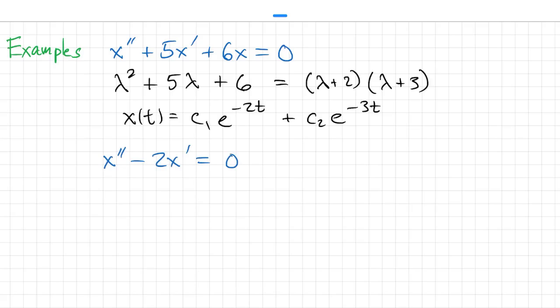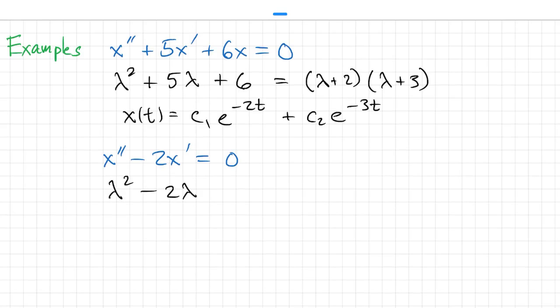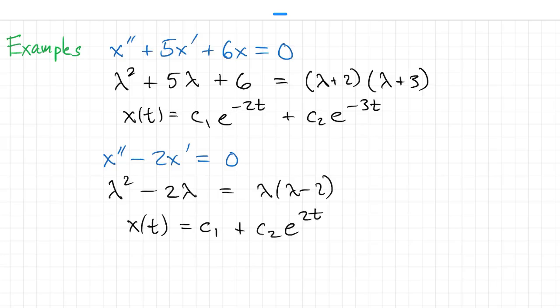Here's another case. Polynomial is lambda squared minus 2 lambda. There's no constant term because there's no pure x term. Well, that has roots 0 and 2. So you get c1 e to the 0t plus c2 e to the 2t.